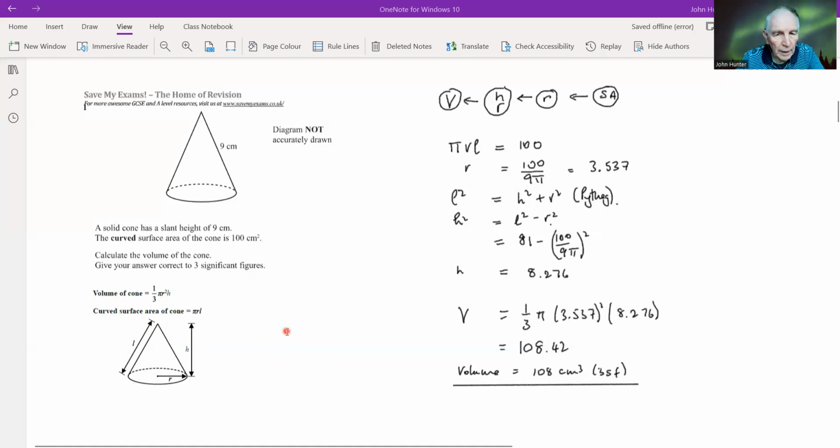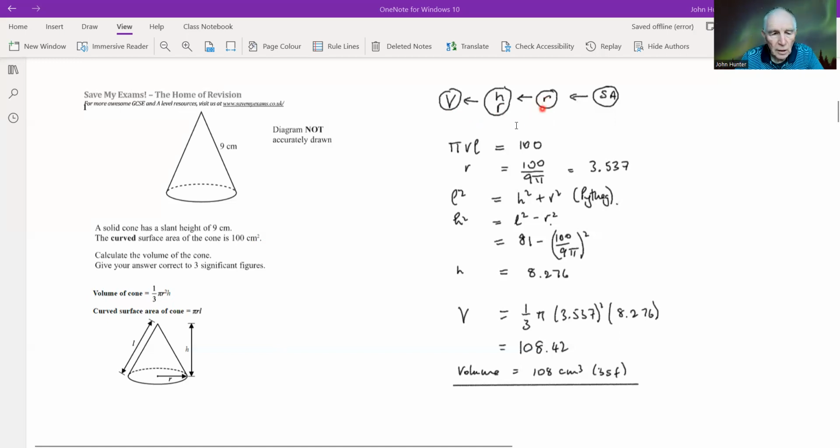Sometimes it's quite good to write out a little plan of what you're doing, so this is a sort of flow of what we need. For the volume, we can see from the formula we'll need the height and the radius.